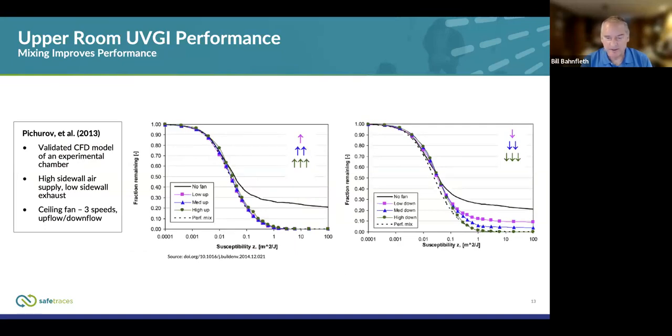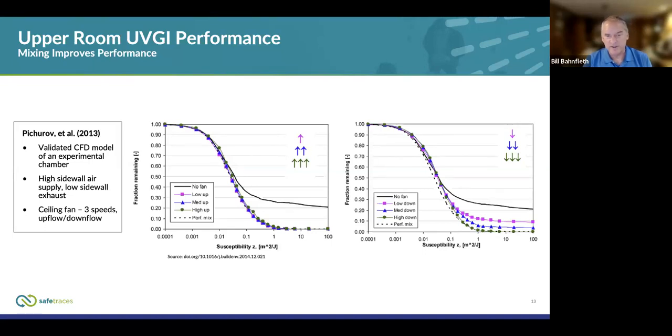So one of the things that's interesting about trying to control air quality from the point of view of airborne infection transmission is that some of the things that we think we understand about air quality and air distribution are not necessarily true. One of the things we've heard a lot in the last few years, maybe decades, is that stratified ventilation, displacement or underfloor, that pushes contaminants upwards and out of a space is preferable. And there's actually some evidence that in general that's not true, but it's particularly not true for upper room UV systems.